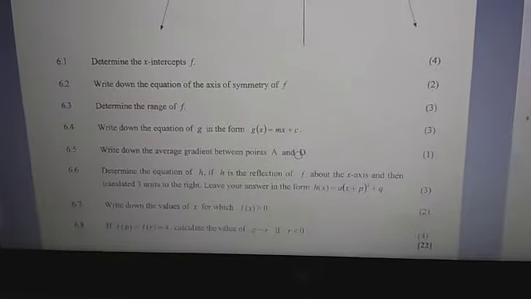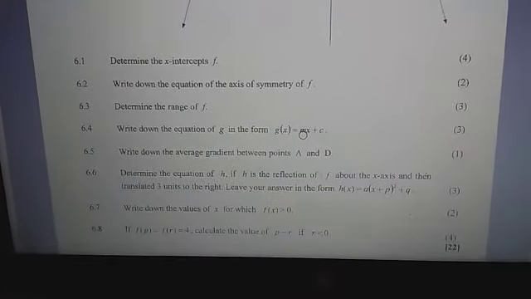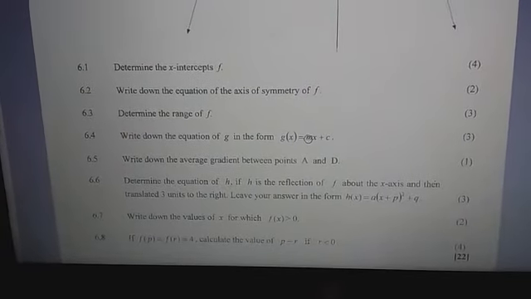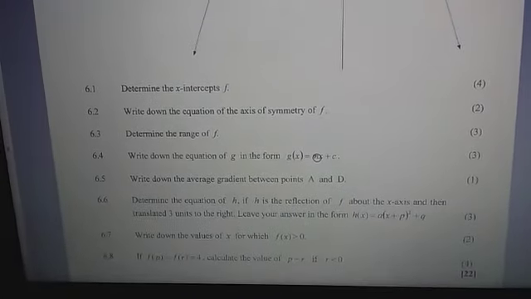6.5, write down the average gradient between A and D. It is still the same thing as what we did for m here. The only difference is that you have a bar above m. Let me show you.